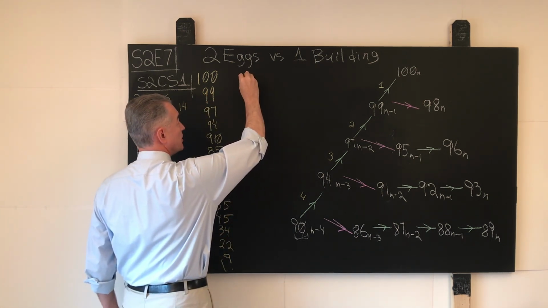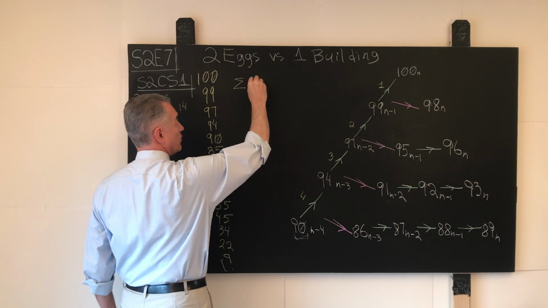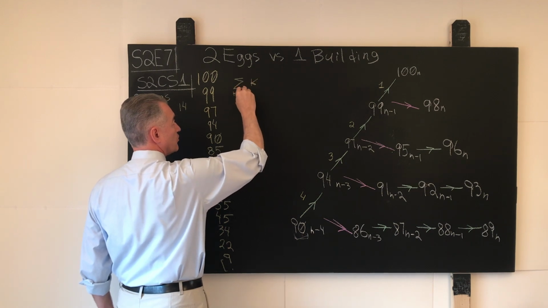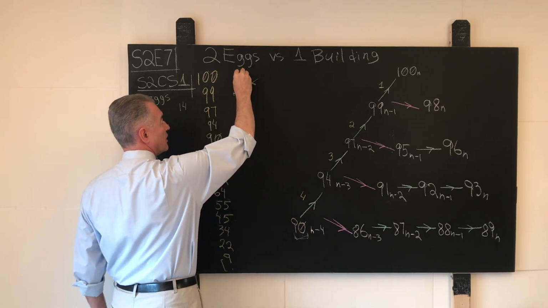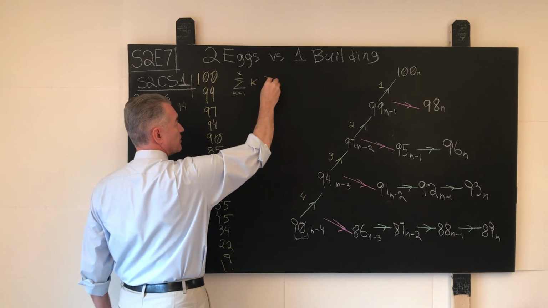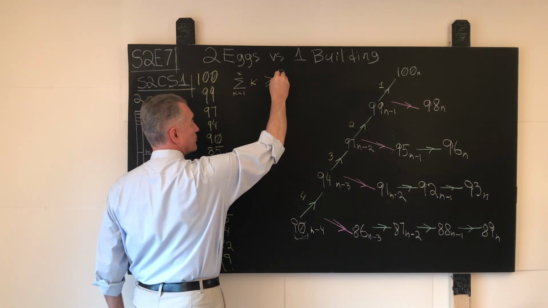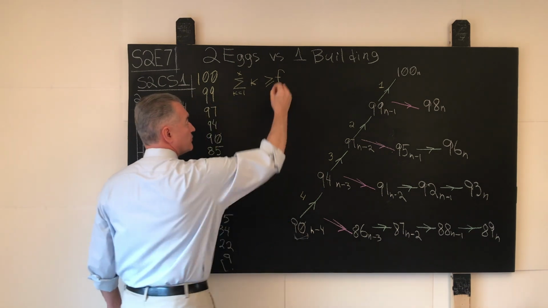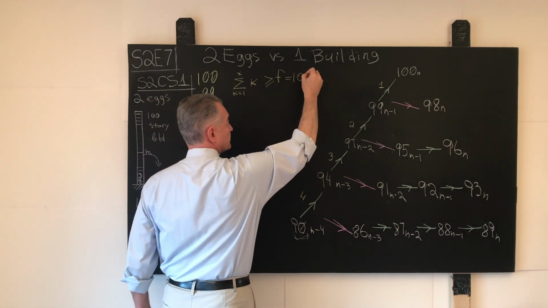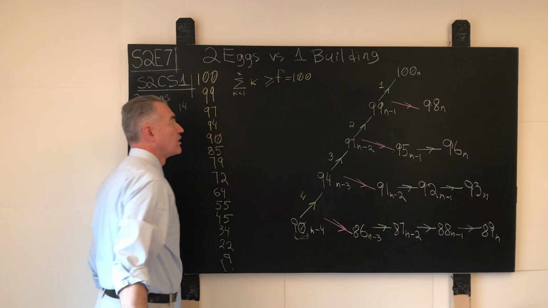In other words, the sum of k, where k goes from 1 to x, must be greater than or equal to the height of the building in floors, which in this case is 100 floors.